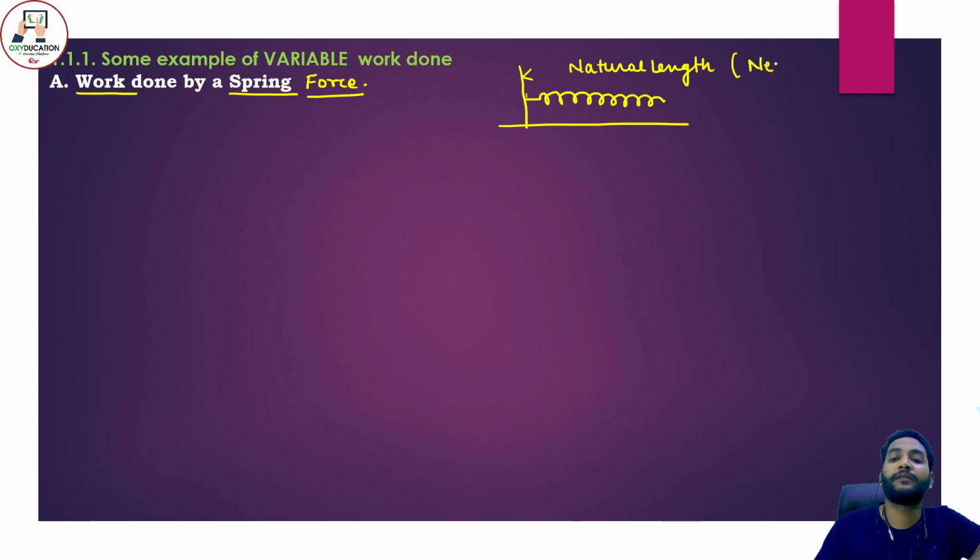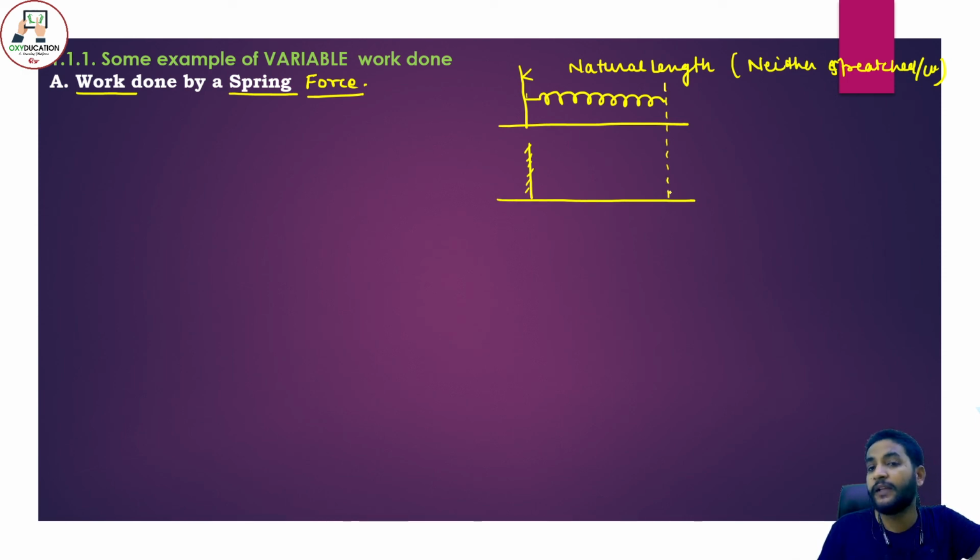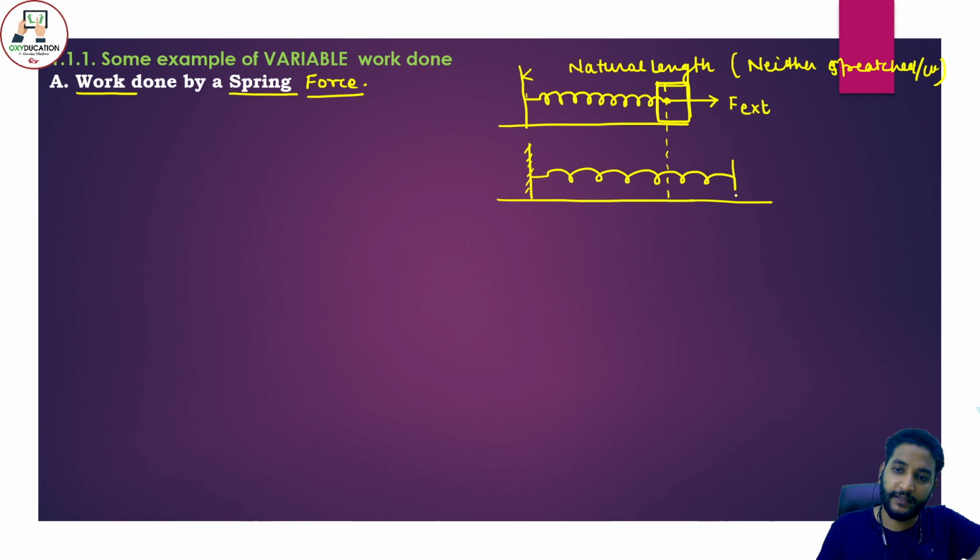We have neither stretched nor compressed it. But this was a rigid support, so I am drawing another diagram of the same. But if this spring has applied a force, some external force, let's suppose a mass m is also connected with this. So this will be stretched by some distance.